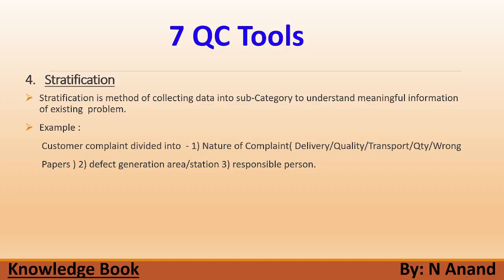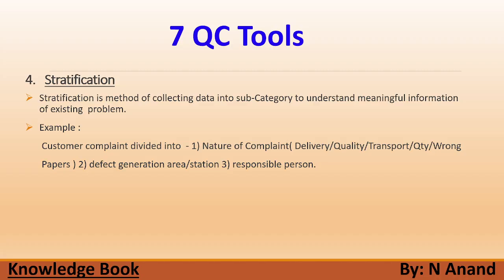Stratification. Stratification is the method of collecting data into subcategories to understand meaningful information about existing problems. In this, we will take one example. In a customer complaint, we can divide all these into nature of complaint, effect generation area, and responsible person.